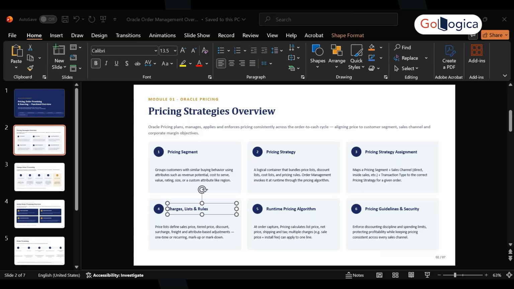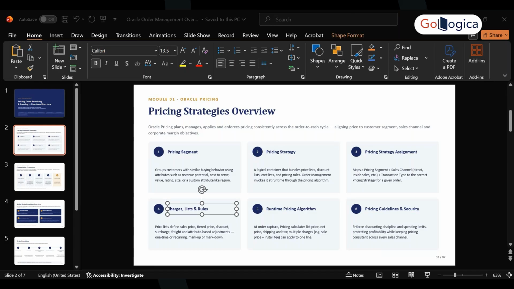Additional pricing adjustments include discounts, surcharges, freight charges, installation charges, service charges, and many more, like promotional offers or volume discounts. So Oracle pricing allows all these adjustments to be configured through the pricing rules, and the pricing engine can also calculate the prices based on particular product attributes, customer attributes, ordered quantity, contract agreements, or promotional campaigns.